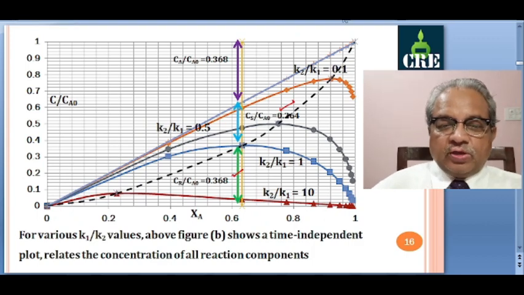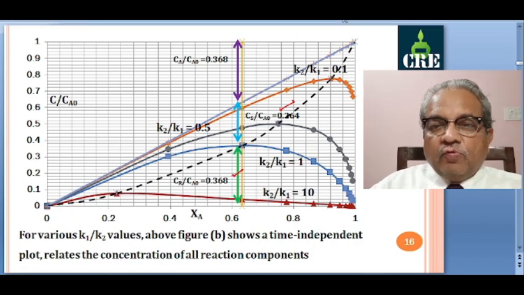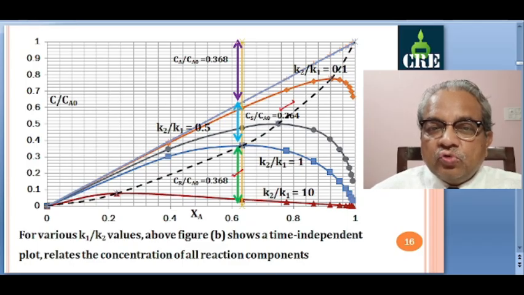So these plots we can use easily in problem solving. It's very simple. Now this length I have shown a little bit away from this just to demonstrate these three segments. Actually the actual length is this one.